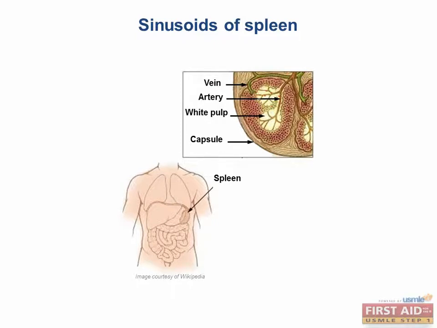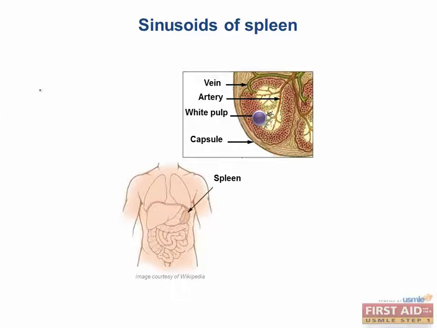Looks like pulp and it's white, so that's why they named it that. And what cell type is present in this white pulp? I'll give you a hint. There's abundance of follicles. So what's in follicles? B cells, right? So just like the lymph nodes, where we had follicles in what part of the lymph node? The cortex. We have follicles and B cells in the spleen.